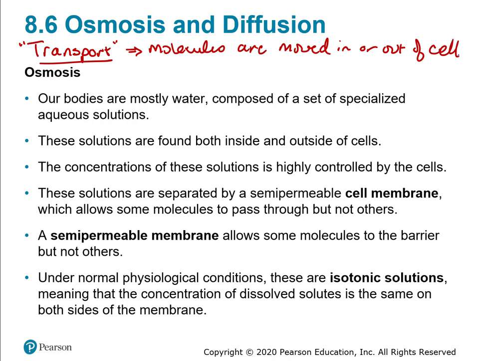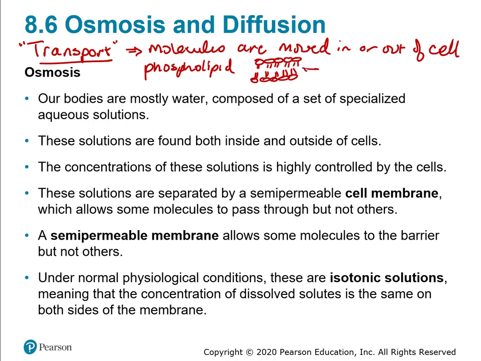They are moved across barriers, because remember we said that the cell has that phospholipid barrier. So remember the phospholipids is where those polar heads are on the surface of the cell, the nonpolar tails tucked down underneath. The polar heads are also at the inside surface of the cell.